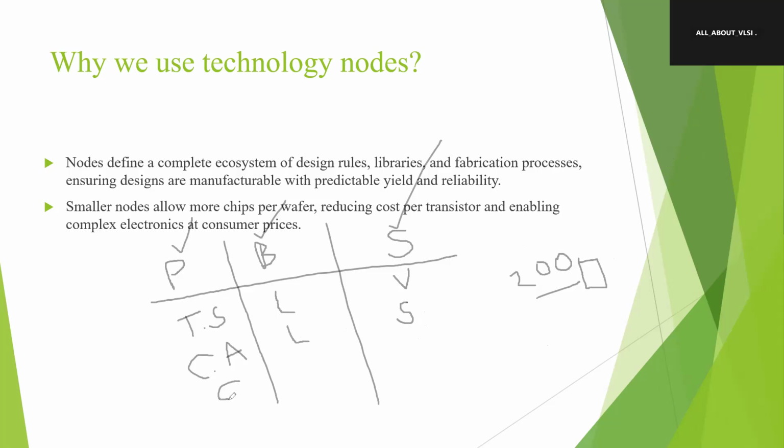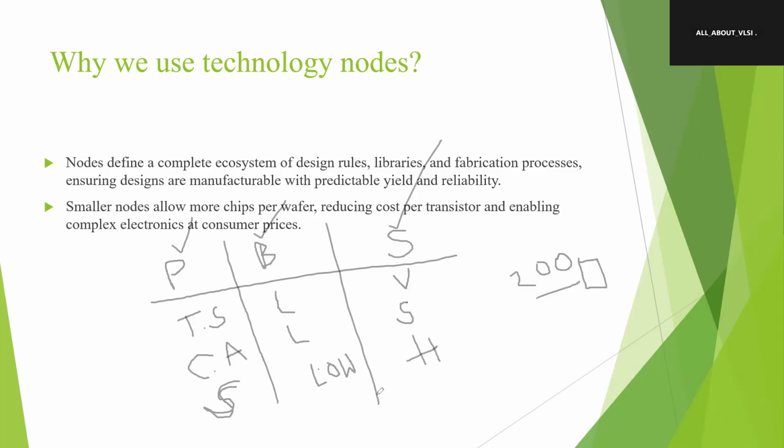And coming to speed, this one is the main thing, right? For bigger nodes, my speed is low because we are having fewer transistors, right? When you are having fewer transistors, our speed is also low. Here speed is high.